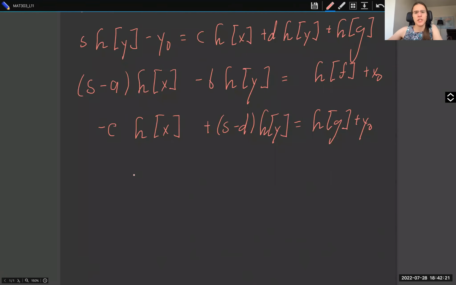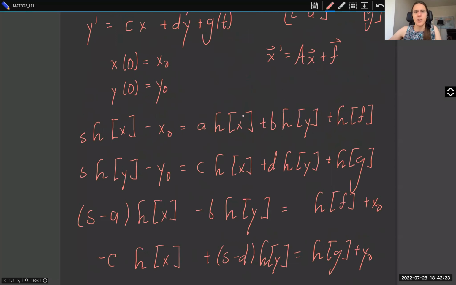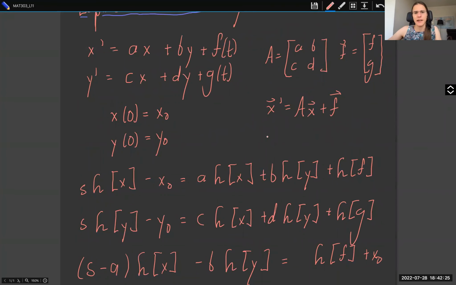And in vector form, let's say that I'm going to call this vector x naught, the vector x naught, y naught.